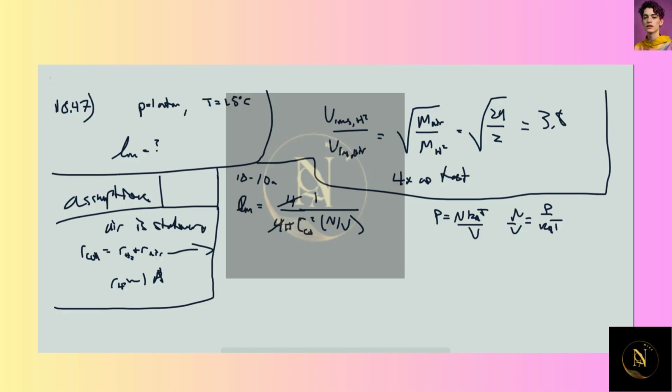So this now becomes L, the mean free path, is 1 over pi times (R H2 plus R air) all of that squared, times kBT over P, or kBT over pi P times (RH plus R air) squared.